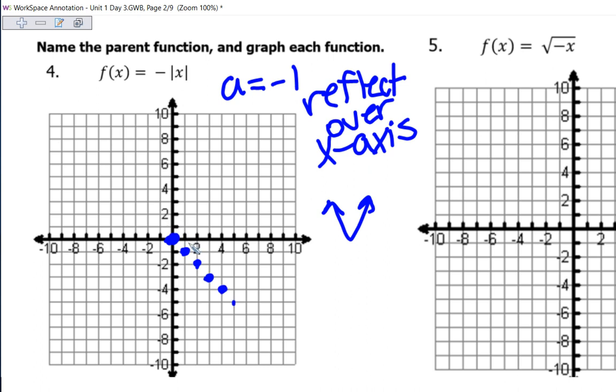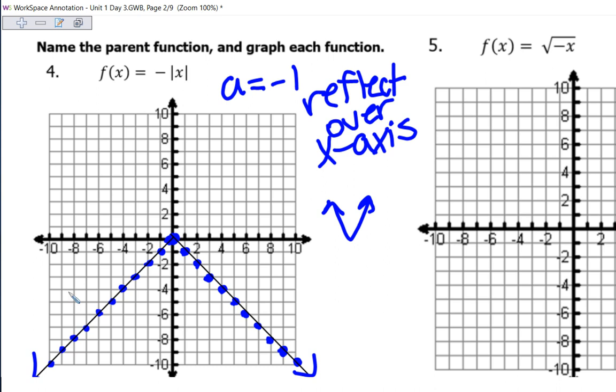Again, my rule when it comes to graphing is if the point will fit, graph it. And make sure you put arrows showing it will keep going downward.